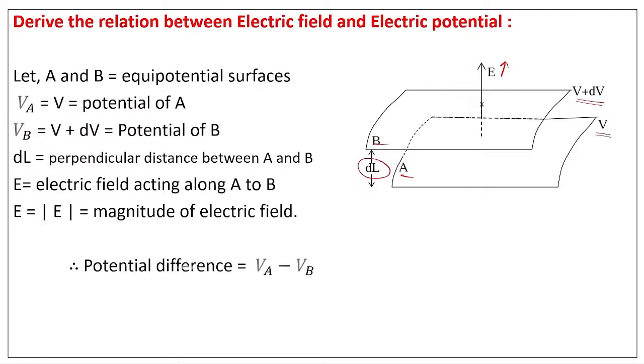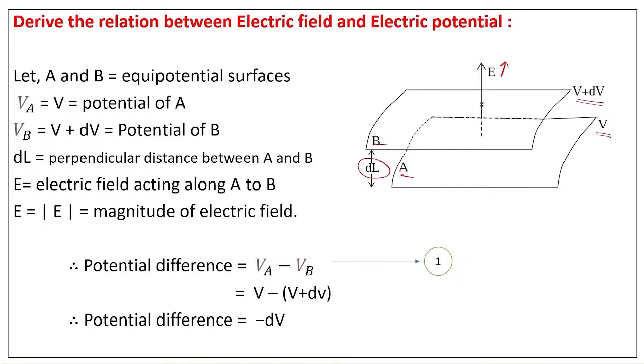Therefore, potential difference is equal to VA minus VB. Mark as equation 1. On substituting values of VA and VB, we get V minus V plus dV. V and minus V get cancelled, then potential difference is equal to minus dV.